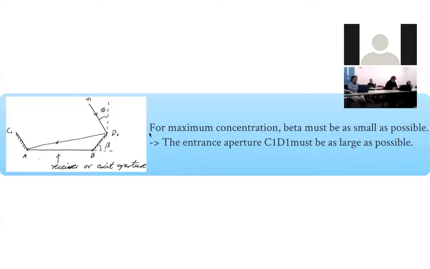But of course there is a limit. Can someone think about what happens if I make this arbitrarily small? Yes, exactly. The ray will hit this mirror and reflect out of the system.